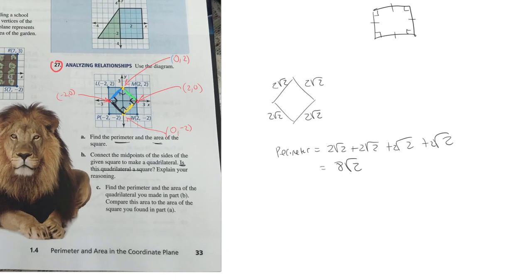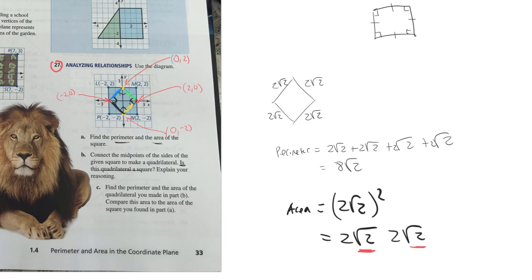They also want to know the area of the new quadrilateral. Well, the area is going to be length times width, or side squared, I should say. So that's just going to be 2 radical 2 squared. In reality, that's 2 times radical 2 times another 2 times radical 2. We already established that anytime we see radical 2 times radical 2, that's just going to be a 2.